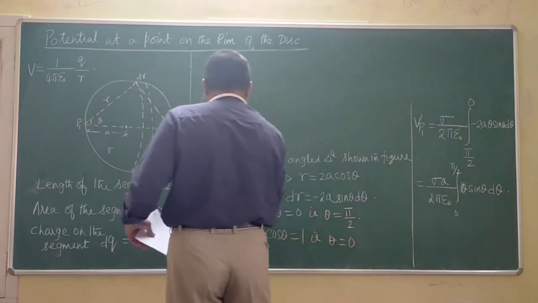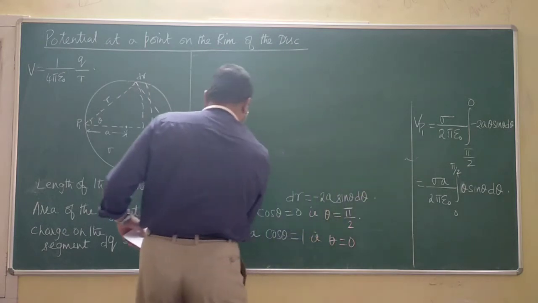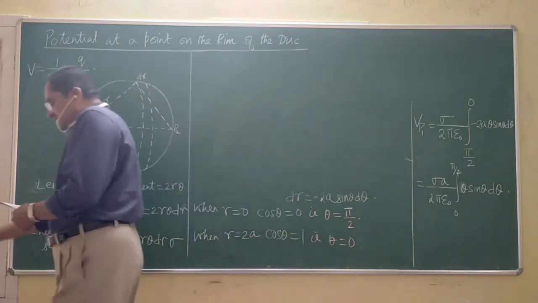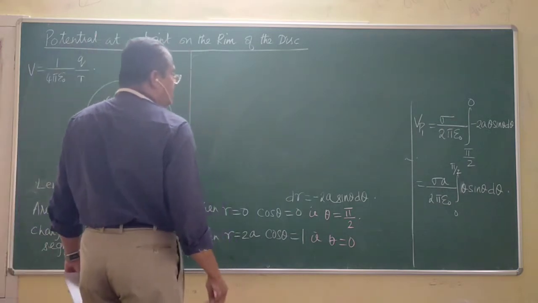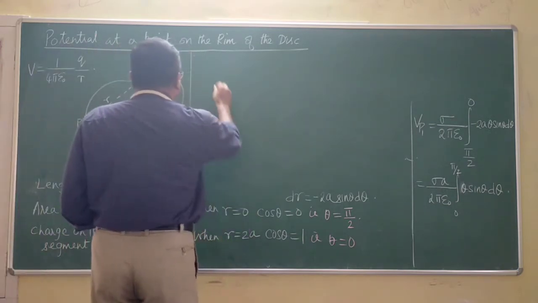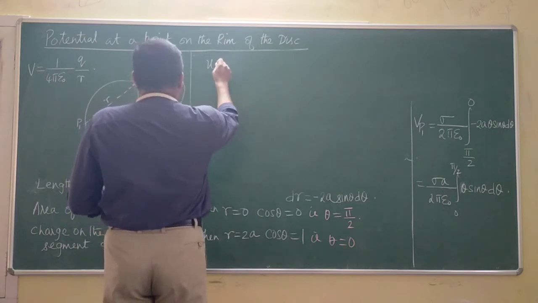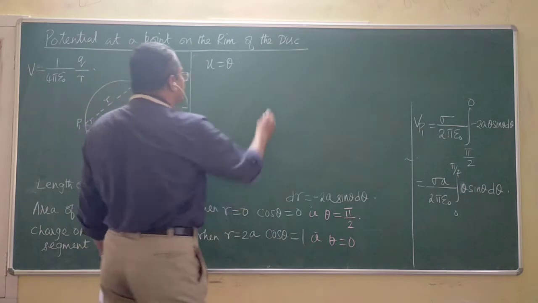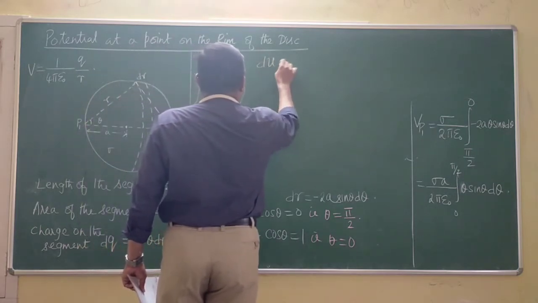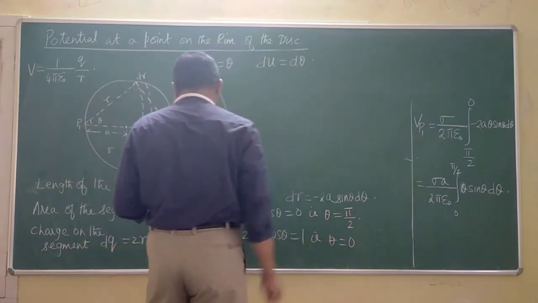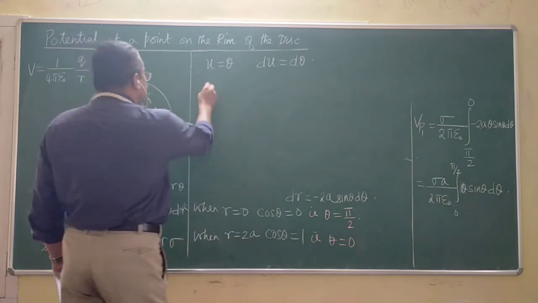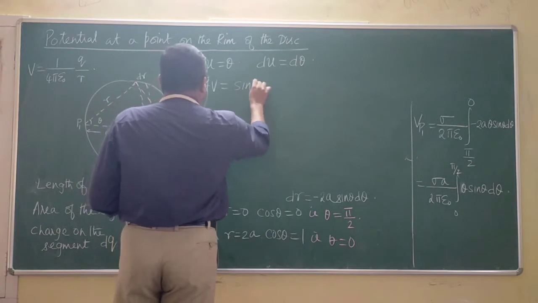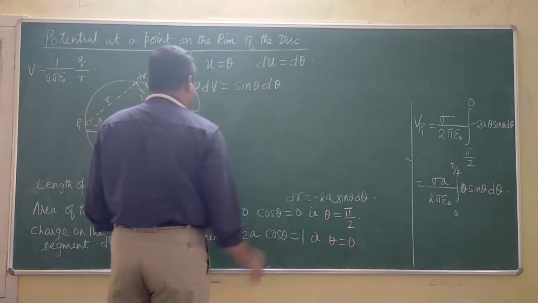Now, in integration by parts, let us take u as equal to theta. Then du will be equal to d theta. Let us take dv is equal to sin theta d theta.